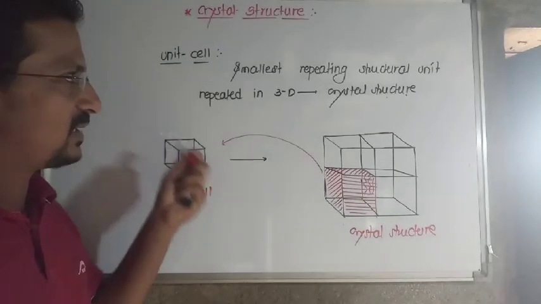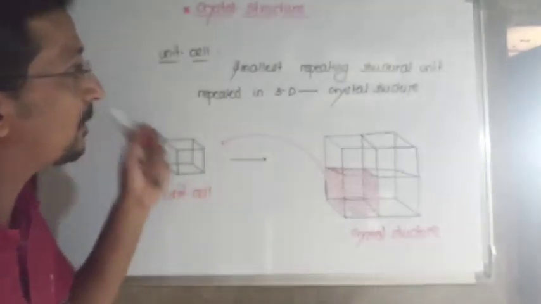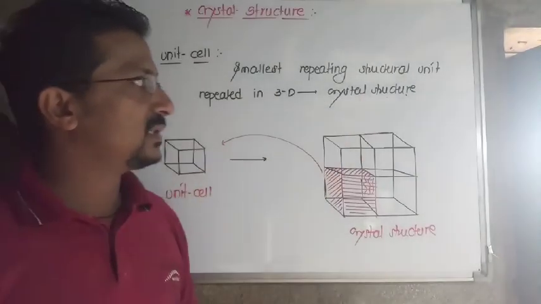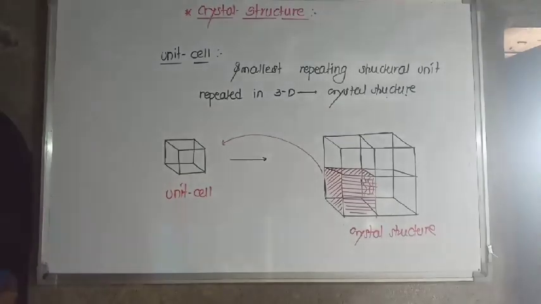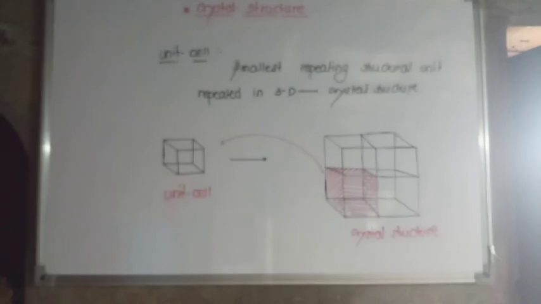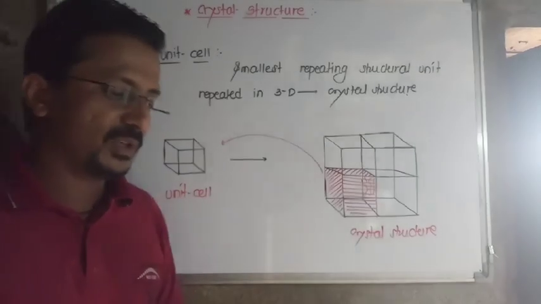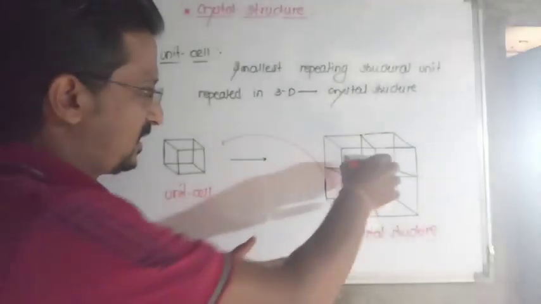The unit cell is the smallest repeating structural unit of crystalline solids which, when repeated in three dimensions, results in the formation of the crystal structure. That can be shown here too. Consider a Rubik's cube as the crystal structure.